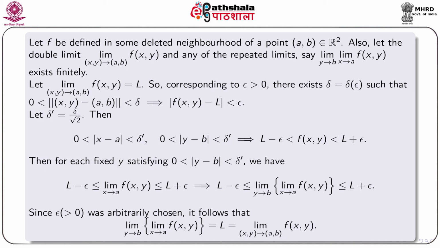Let a scalar field f be defined in some deleted neighborhood of a point (a, b) in R2. We assume that the double limit, limit of f(x, y) as (x, y) approaches (a, b) exists, and any of the repeated limits, say limit y tending to b, limit x tending to a of f(x, y), exists finitely.